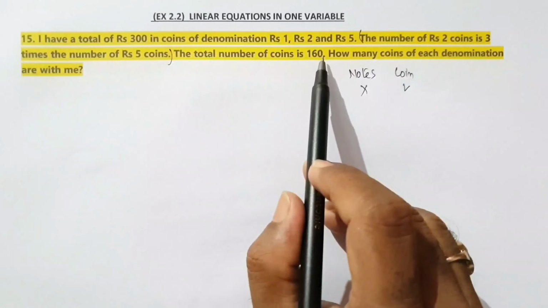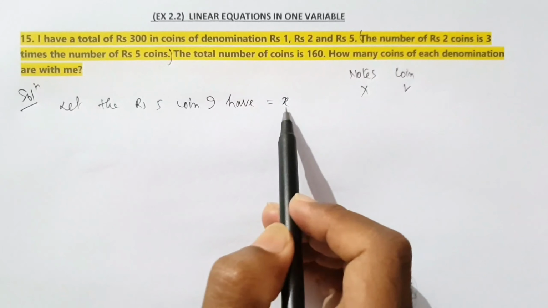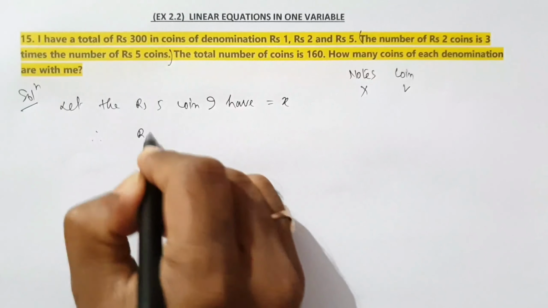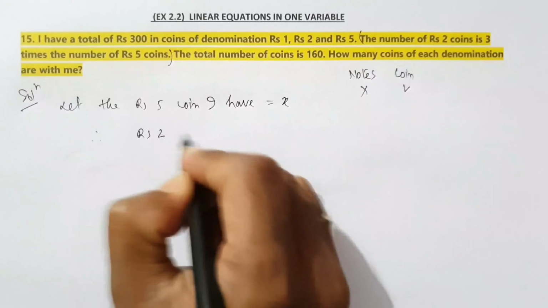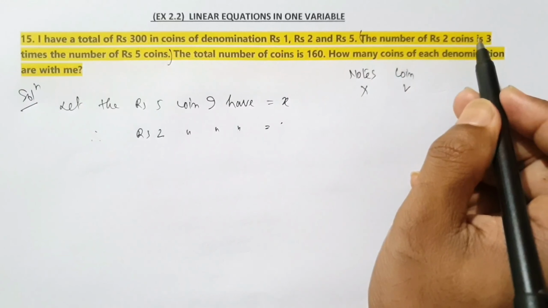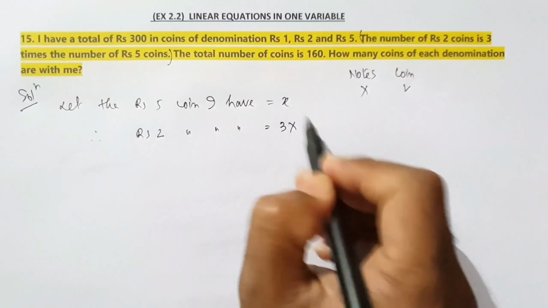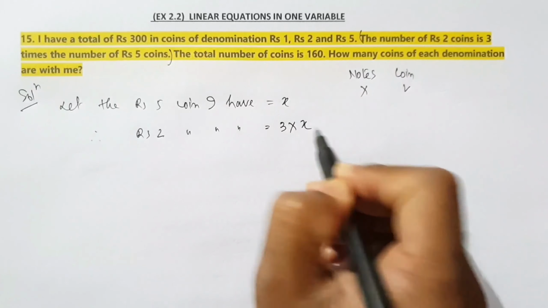Why rupees 5 coin x? Because 2 rupee coins are 3 times of 5 rupee coins. That is the reason I have assumed 5 rupee coins I have x. Therefore, rupees 2 coins I have 3 times of rupees 5 coins, so 3 times of x.